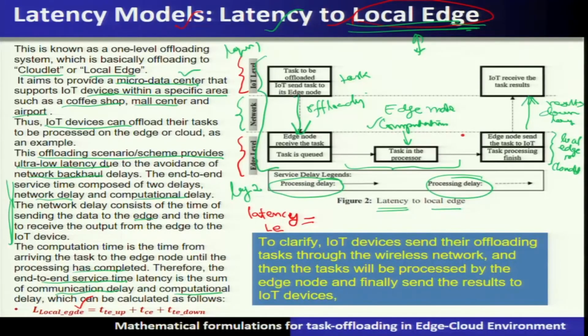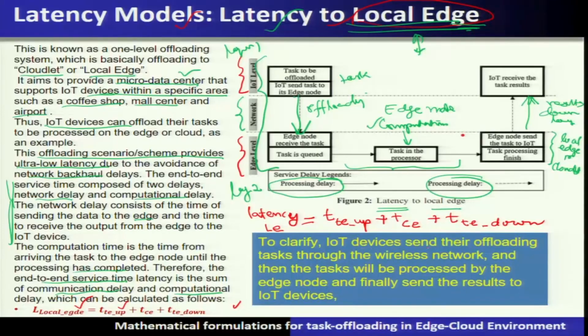The time for IoT to the edge, called uploading, plus the time to do the computation at the edge, plus the time to download the results from the edge to the IoT devices, will be the latency of the local edge. That is what is written over here.